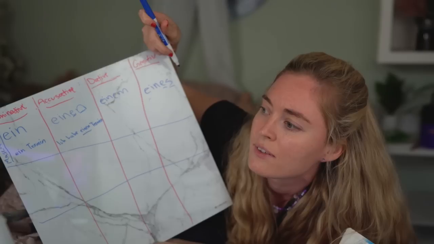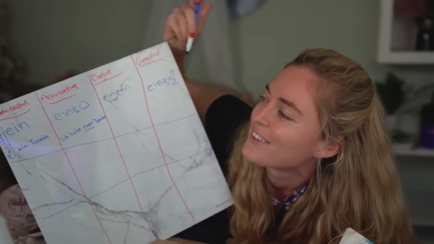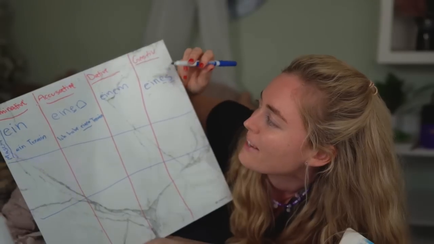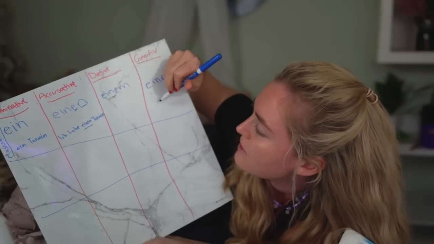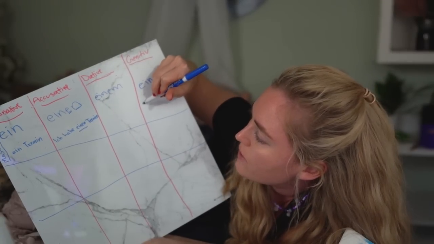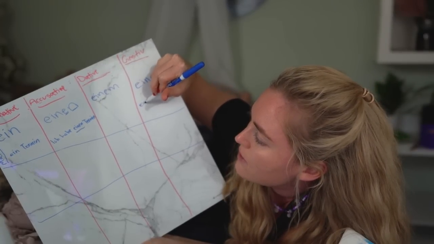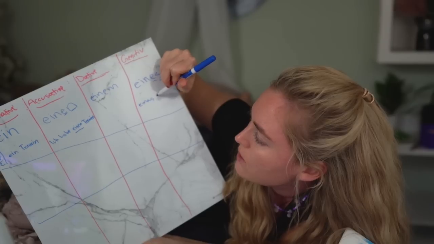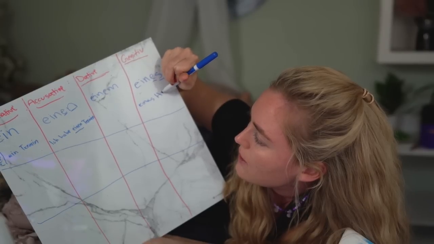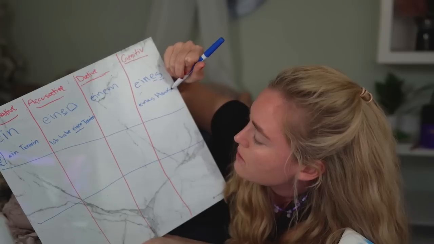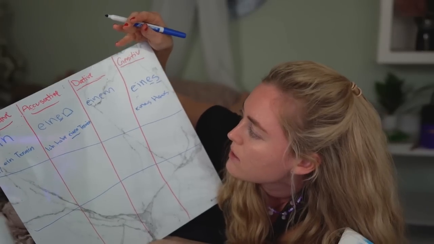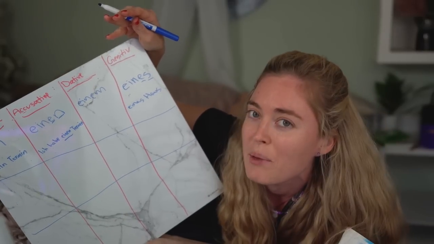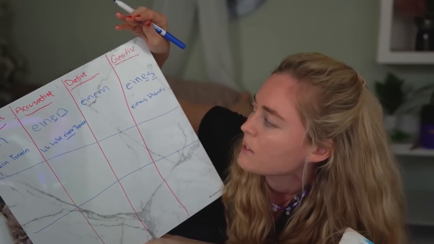hold on, I'm trying to think. Eines, Mannes. I think you add it also. Oh my gosh, I might be so wrong on this. Eines Haus. Des Mannes. Oh wait, okay, I think that was a bad example.